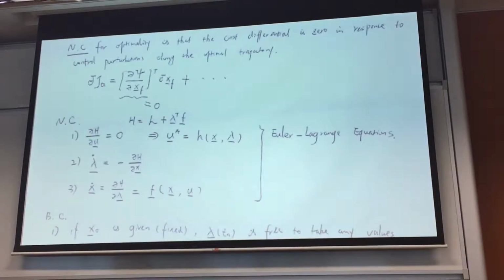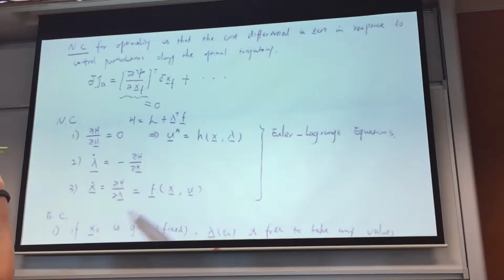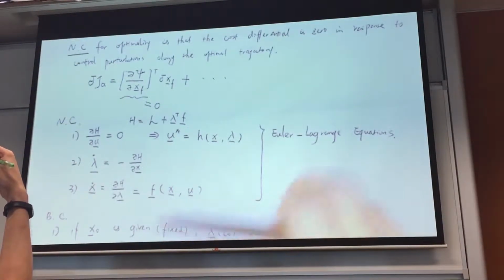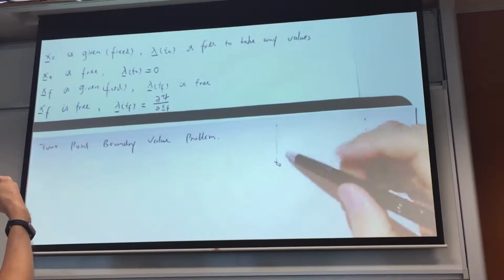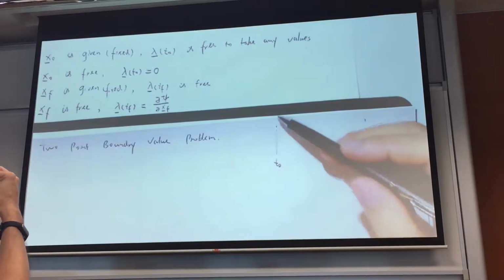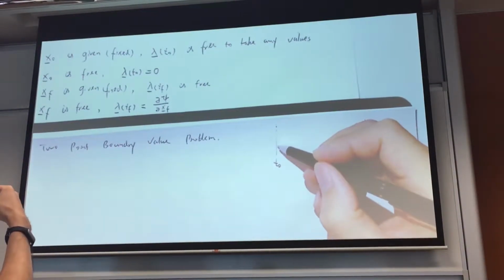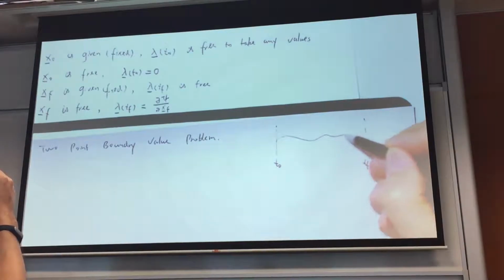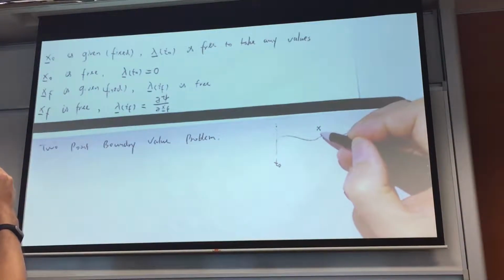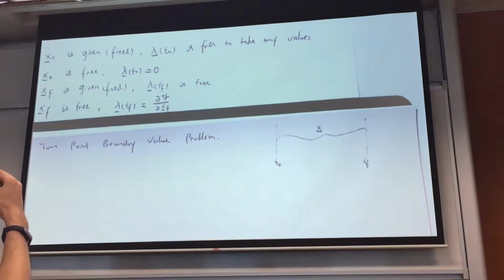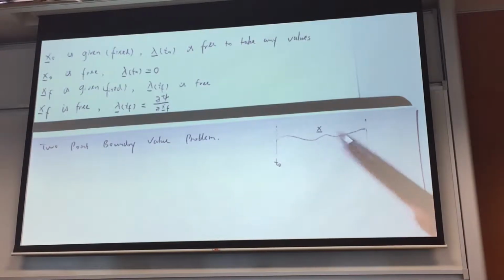Here we got two sets of differential equations. When you solve these two differential equations, you may get the trajectory for the lambda and x. For example, you may get a trajectory like this for the x. But it's only a trajectory.